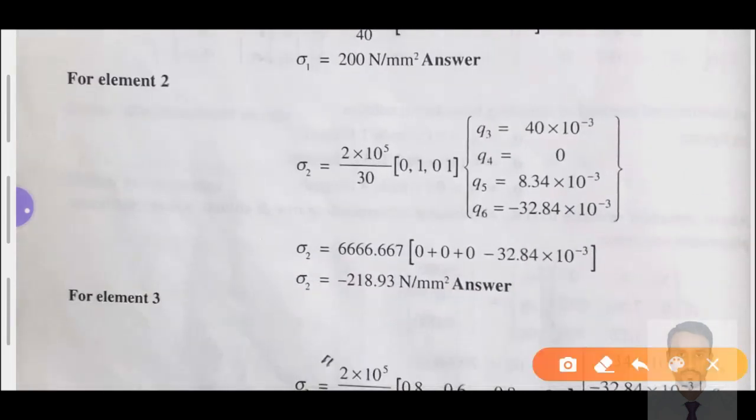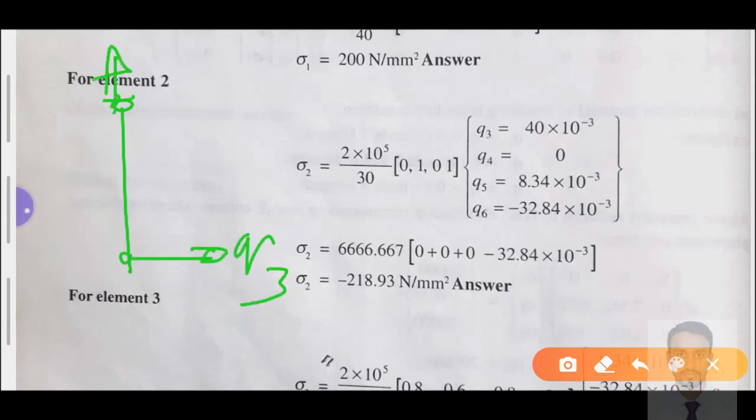Similarly, for element number 2, it starts at node number 2 and ends at node number 3. So it starts from Q3 and ends at Q6. That is the reason we have taken Q3, Q4, Q5, Q6, right? So this will be the Young's modulus.